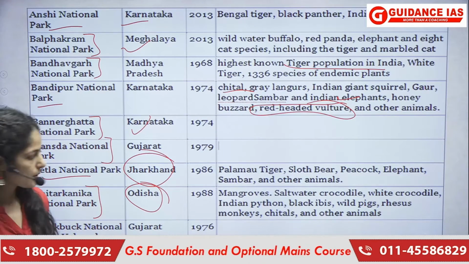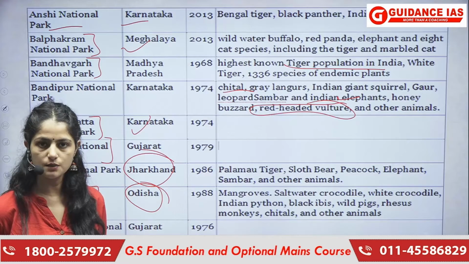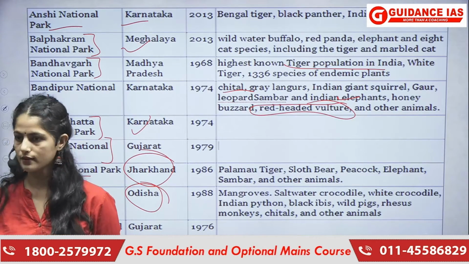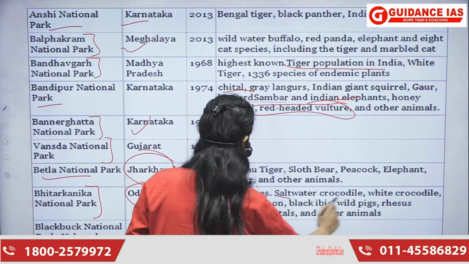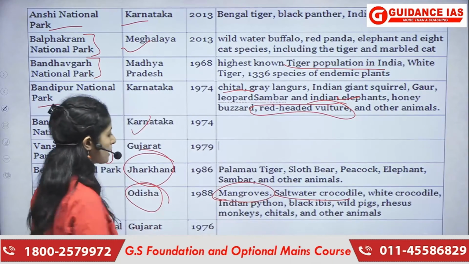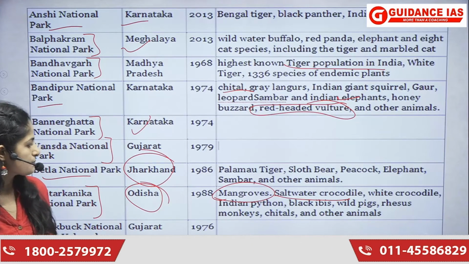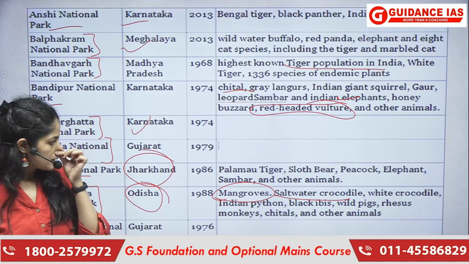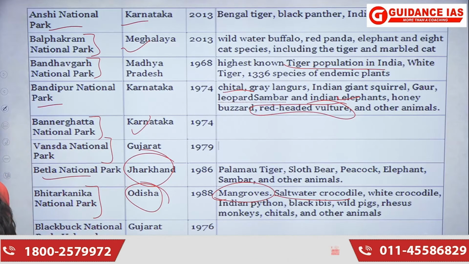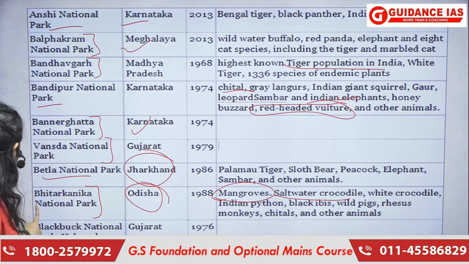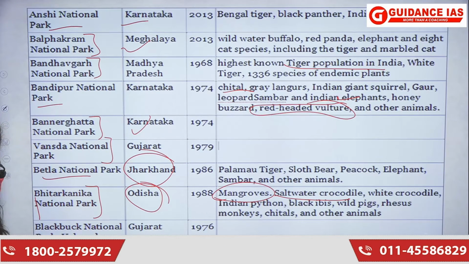You all must have heard about this, and since it is located in Odisha, you will come across mangrove saltwater crocodile, a very important species. Like I've already told you, mangroves are also very important. Then you will also come across white crocodiles, Indian python, black ibis, wild pig, rhesus monkey, chitals, and a lot more animals. Okay, then after that you will see Blackbuck National Park in Gujarat.